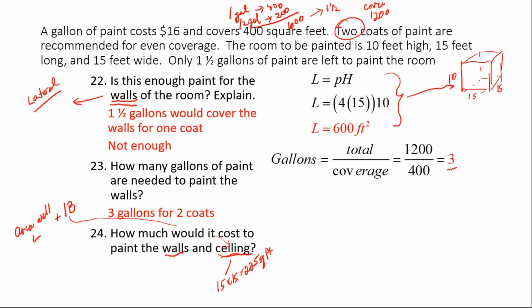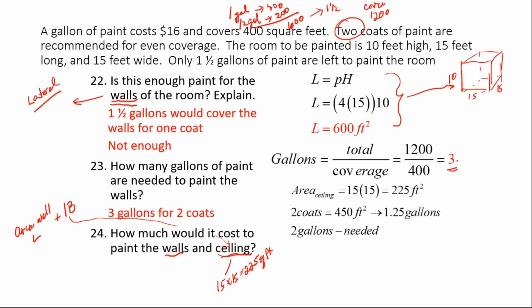And then I already know I need 3 here for the walls. So it takes 2 coats. That'd be 450 square feet. So I need 1.25 gallons. If I can only buy whole gallons, that means I have to buy 2 gallons.